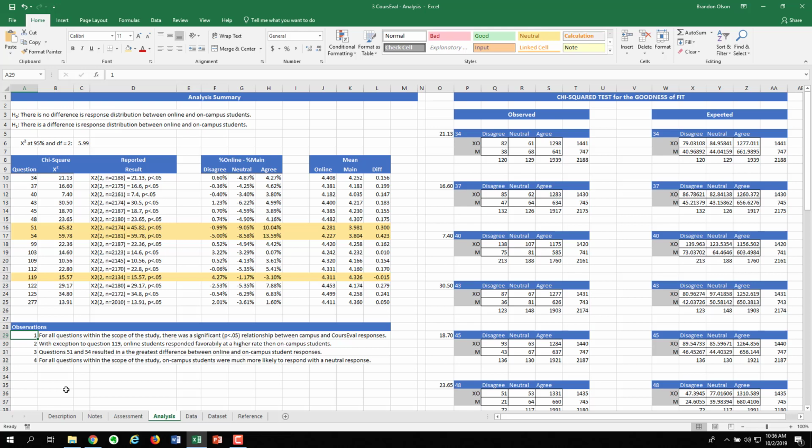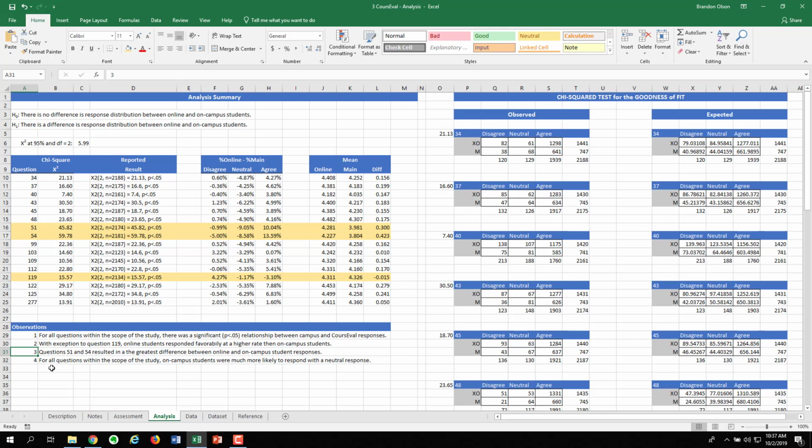That means there is a difference, and that difference is significant, between the responses of our on-campus students and our online students. Number 2, with the exception of question 119, online students responded favorably at a higher rate than on-campus students.